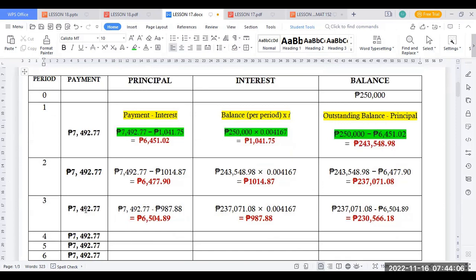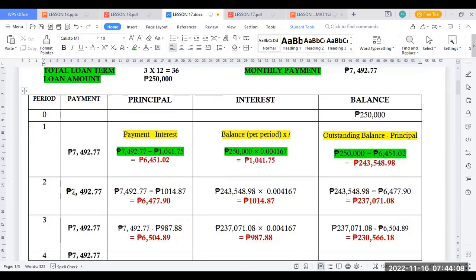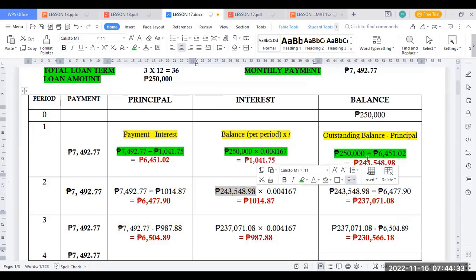And then for the second month, okay, so payment 7,492.77. Okay, so the principal is ito, doon tayo sa period 2. So, interest muna tayo kasi para makompute natin si principal. So, the outstanding balance, yung gagamitin nating balance for period 2 is your balance on the period 1.